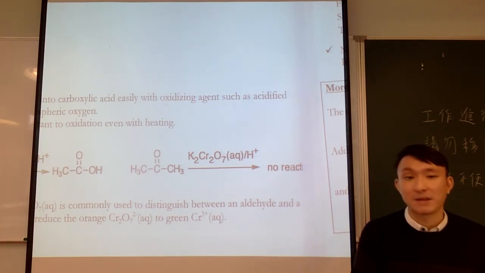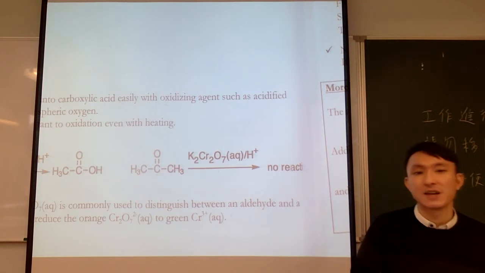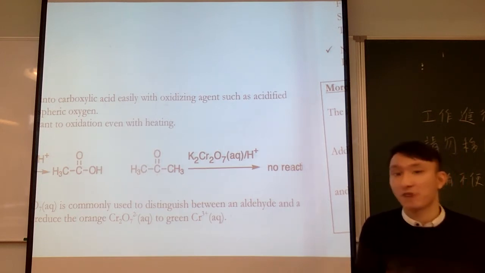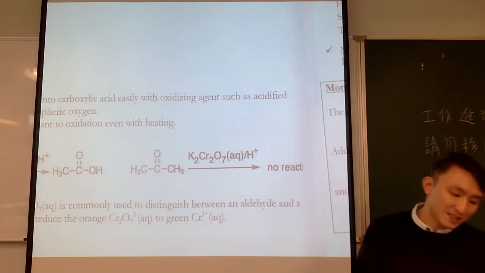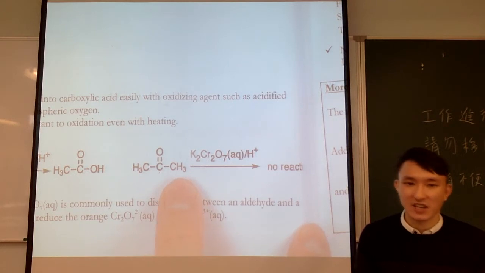But in cracking, we are talking about 500 degrees Celsius and a catalyst. Under such extreme conditions, the C-C single bond actually breaks. So that's one of the reasons why ketone is resistant to oxidation.